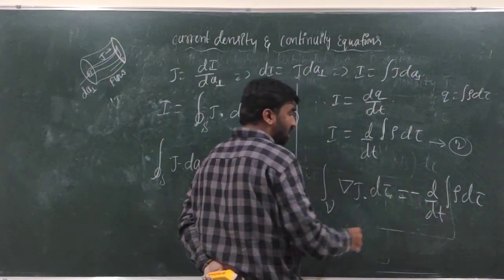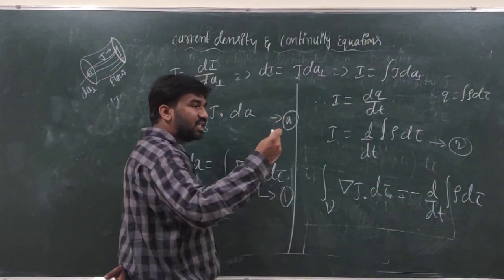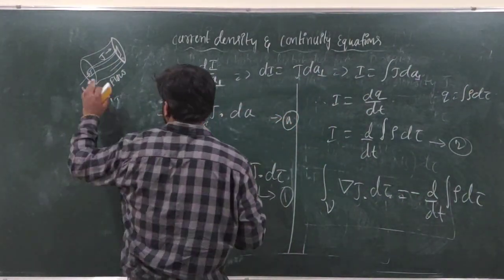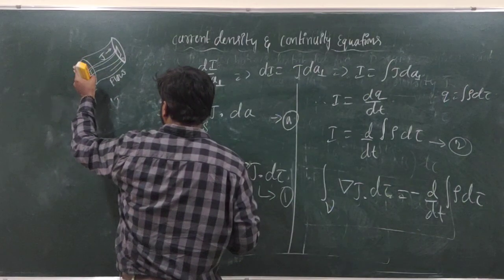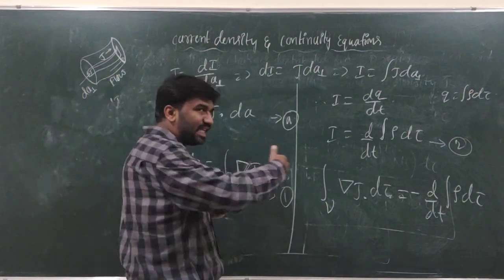Why do I write minus here? Because when the charges or current cross this unit volume, the charges left in that volume decrease.